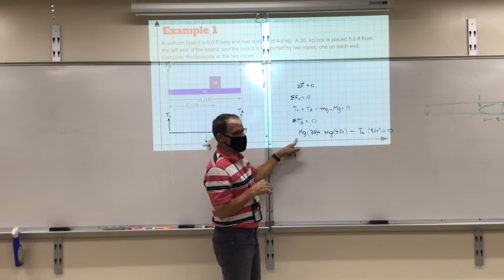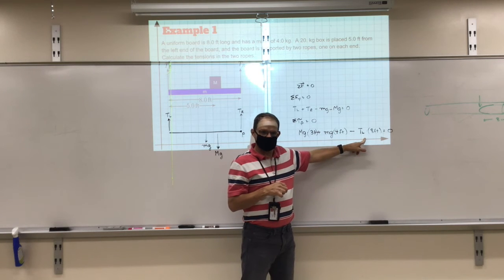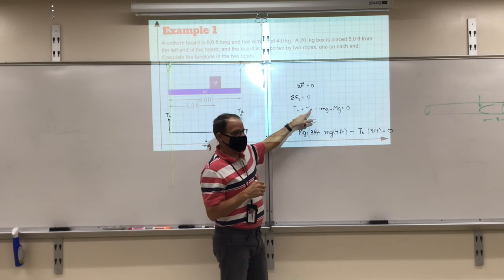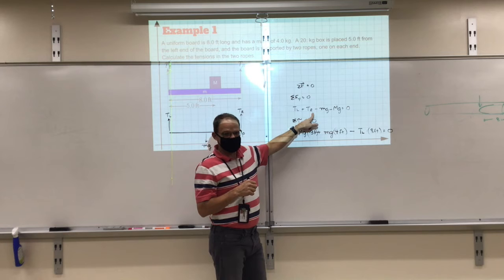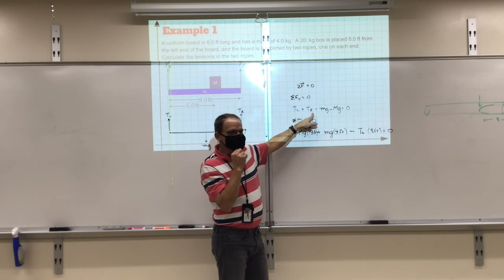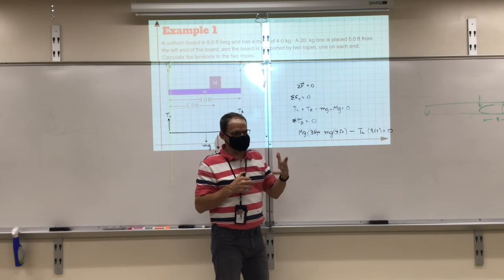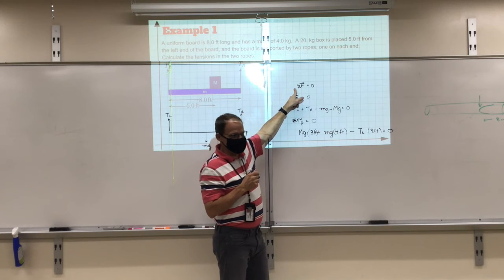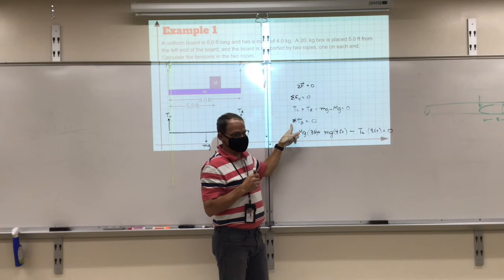You now can solve this for TL, right? The tension on the left. Once you know the tension on the left, you can go back here and find the tension on the right. See the strategy? So we're just going to develop systems of equations which we can solve using the idea that the net force is 0, but also the net torque is 0.